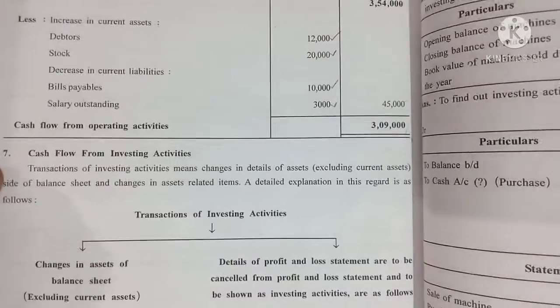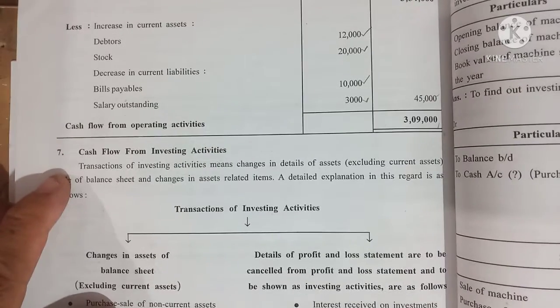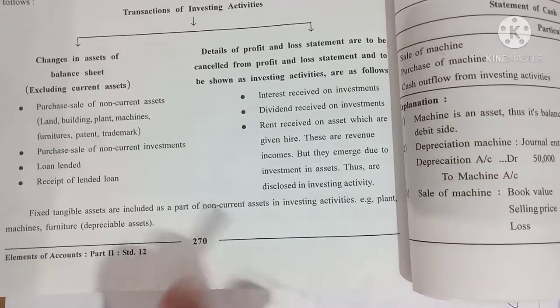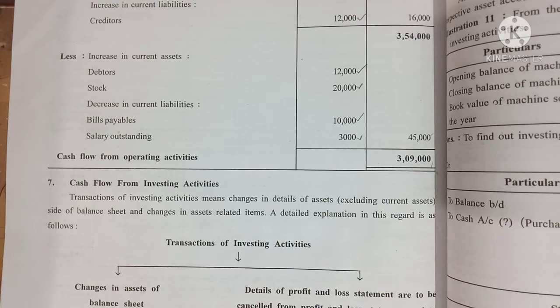But before explaining the 11th illustration, I will tell you point number 7 of your textbook, page number 270: how we will calculate the cash flow from investment activities.